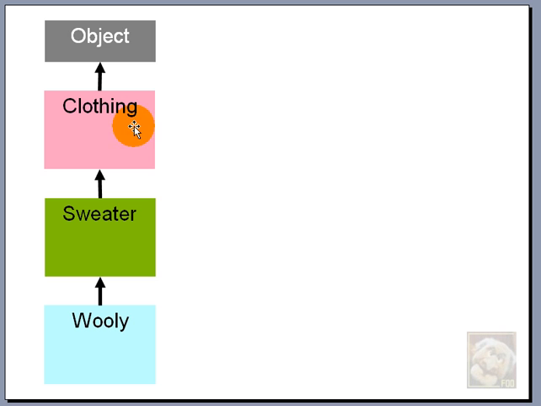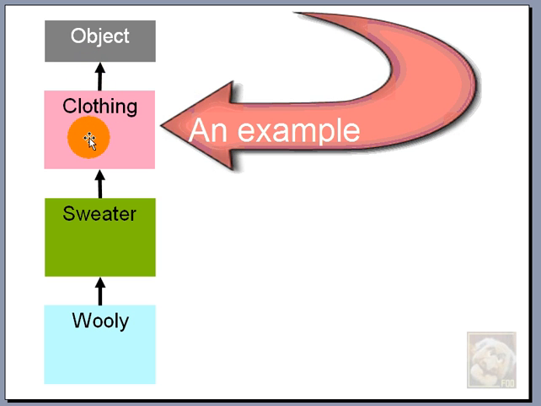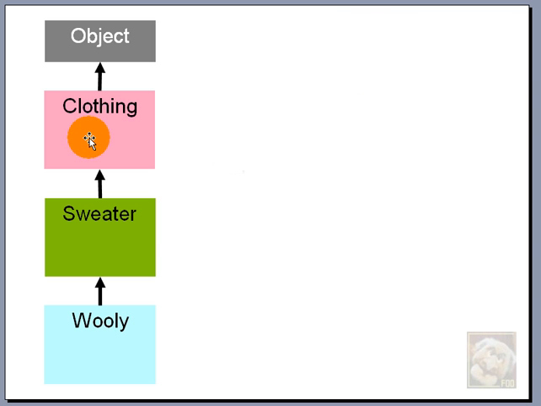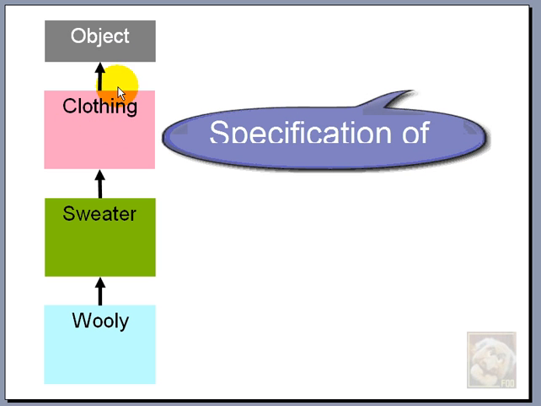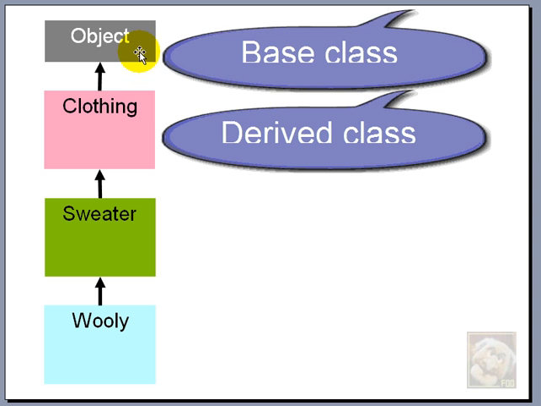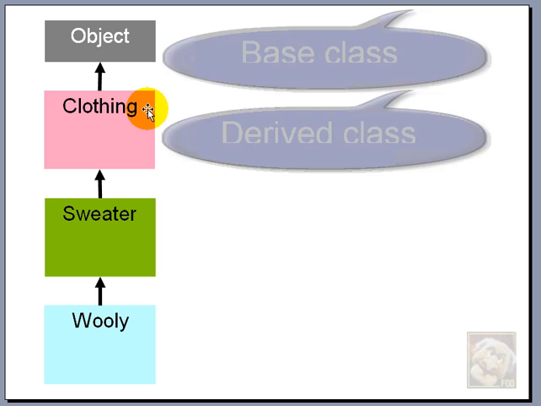For example, in our universe we might say that an example of an object can be clothing. It can be many things, but this is a very restricted universe, so we will be talking about clothing. So we say that we specify objects as clothing. So that clothing becomes a derived class of class object.